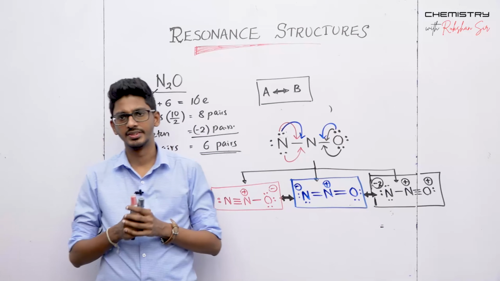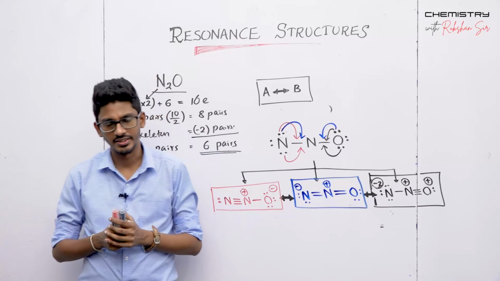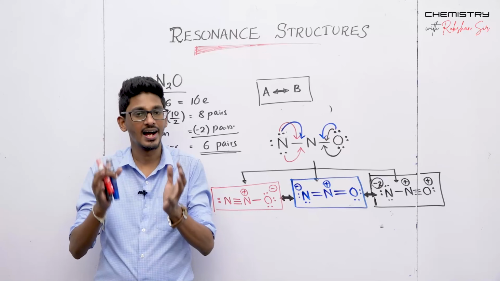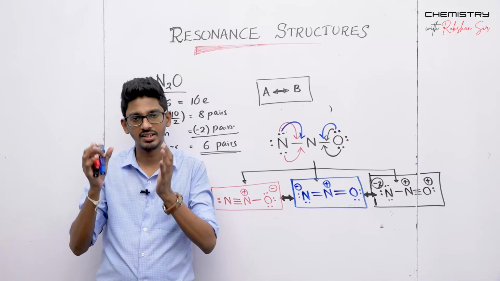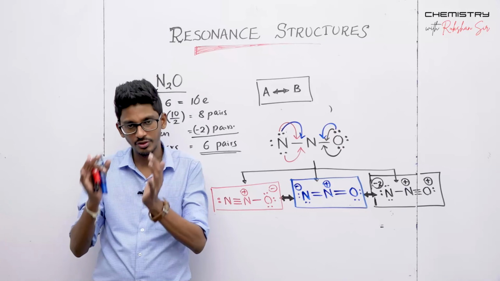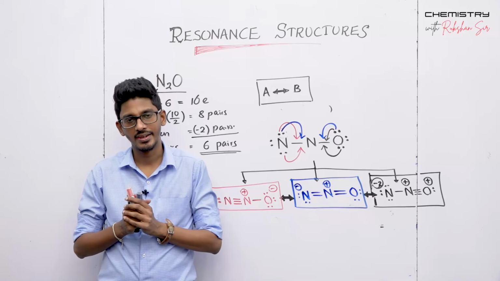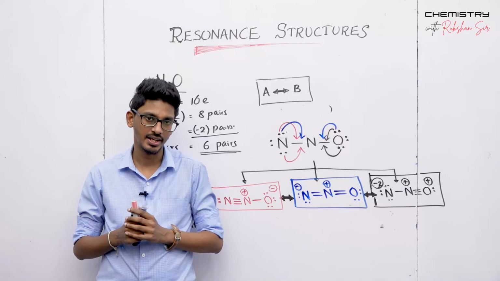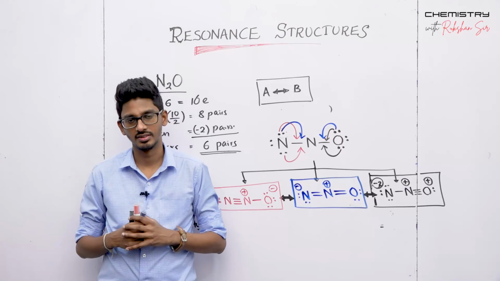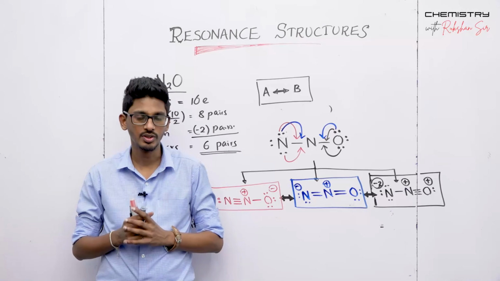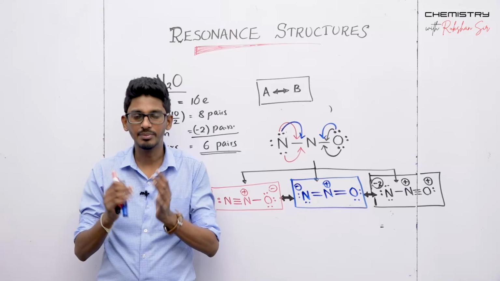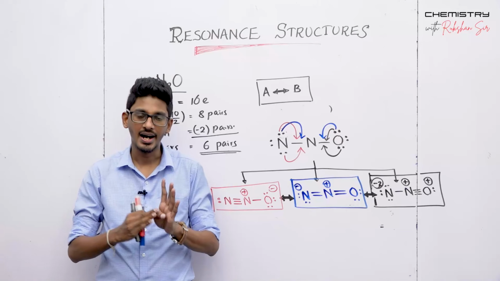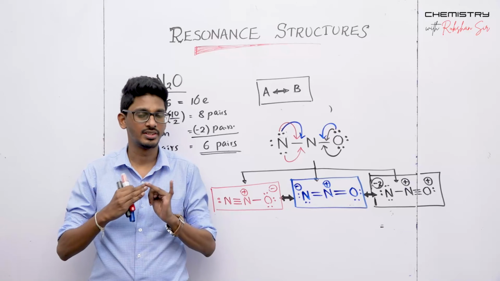So how to comment on stability? There are acceptable Lewis structures which are considered stable structures as well as unstable structures, and some are considered less stable structures. So we should be able to correctly label whether these structures are stable, unstable or less stable.